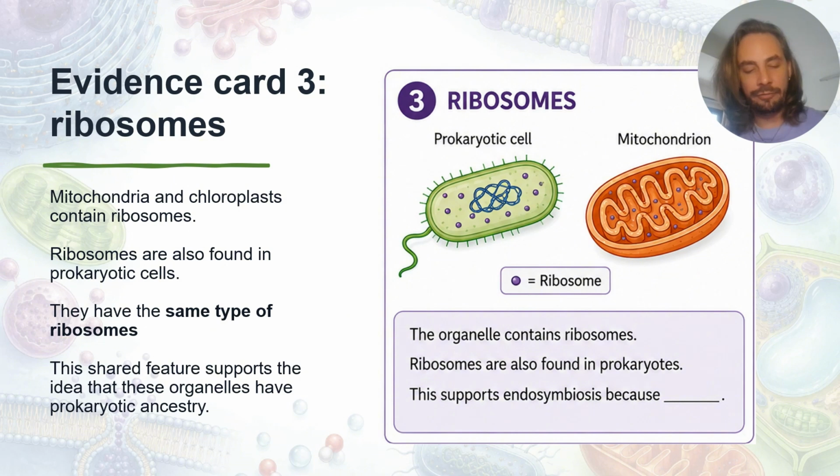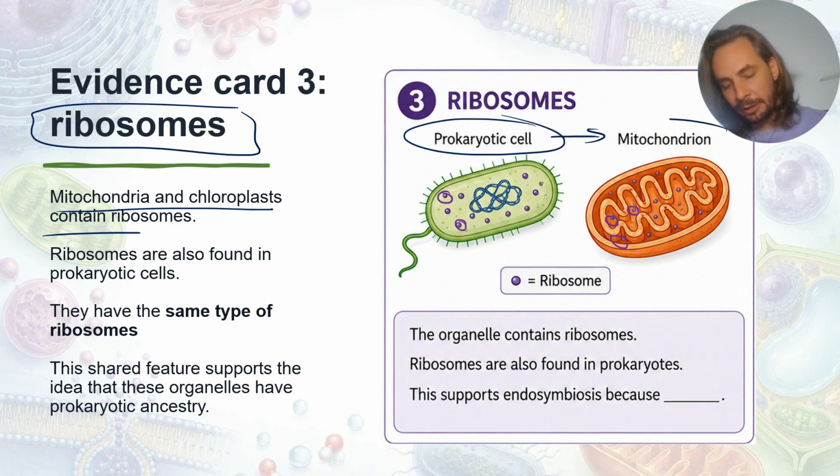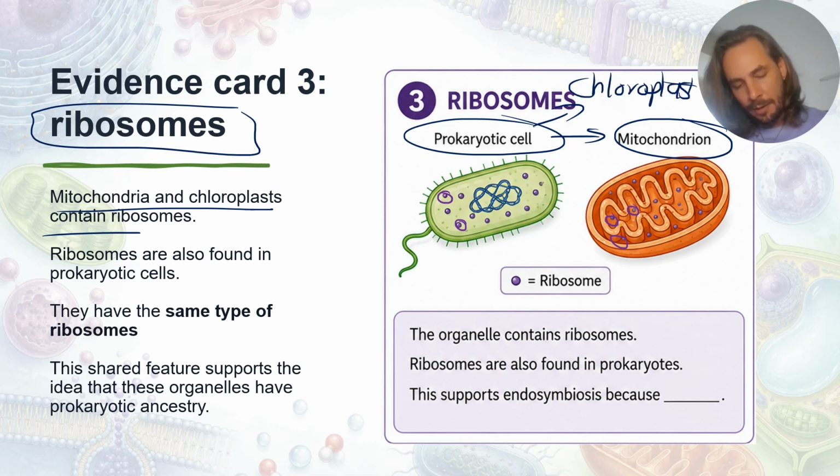Evidence card 3, ribosomes. Mitochondria and chloroplasts have their own ribosomes. And remember, ribosomes make proteins. The ribosomes that we find within prokaryotic cells resemble those we find in the mitochondria and also inside the chloroplast, meaning that these ribosomes are similar in structure.